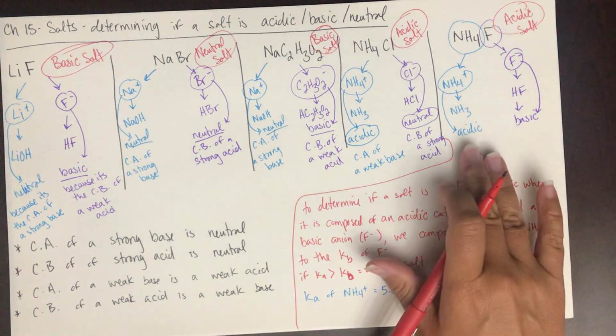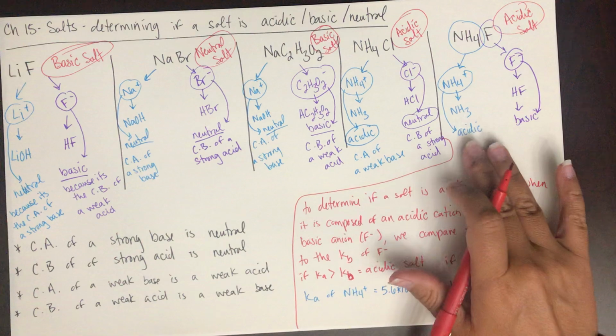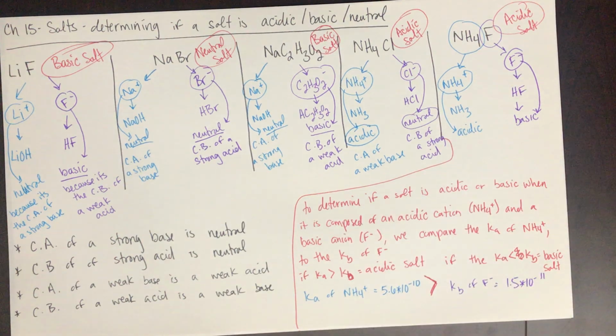Even though it's made up of an acidic portion and a basic portion, the acidic portion will ultimately win out because its Ka is bigger than this Kb. This is something that you would have to determine on a case-by-case basis, comparing the Ka of the acidic portion to the Kb of the basic portion.